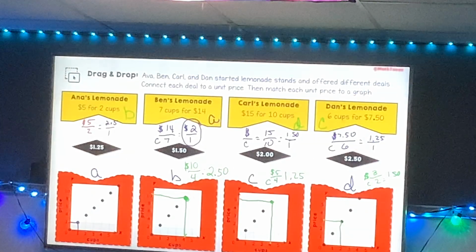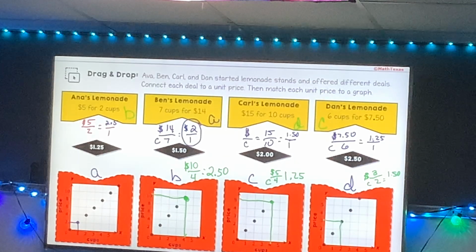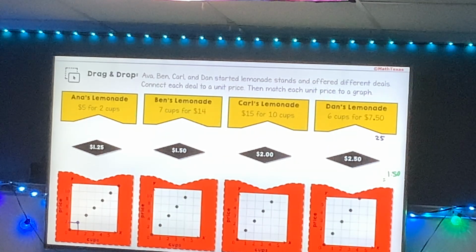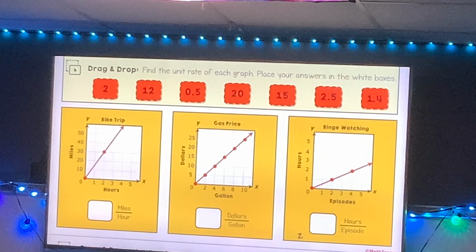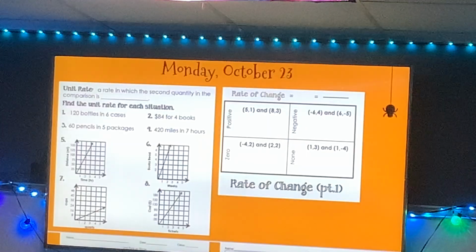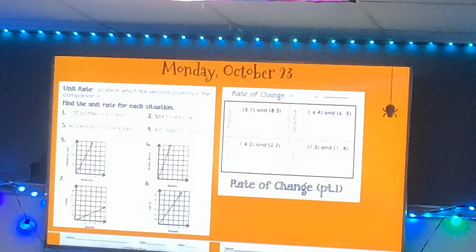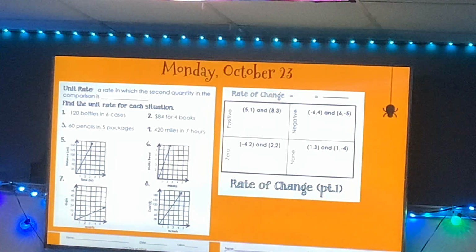So now find the one that says unit rate on the top. And we're actually going to practice slope by the rate of change formula, your slope formula, here in a bit, instead of sticking it in our calculator.